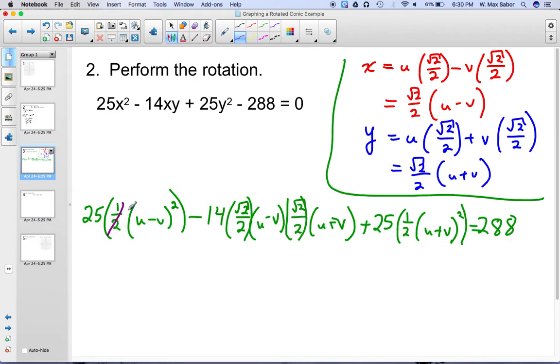I want to get rid of this 1/2. These get rid of the 1/2, and that gets rid of the 1/2, which makes the other side of the equation 576. So essentially, I just multiplied the whole thing by 2.